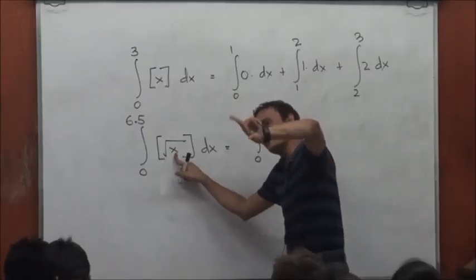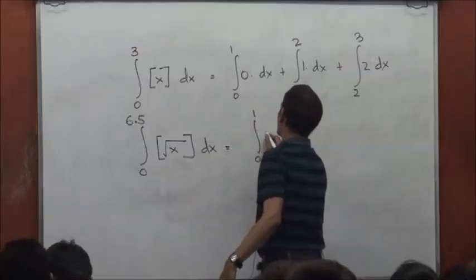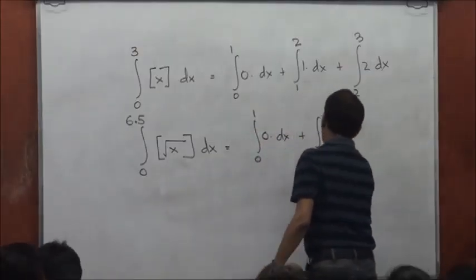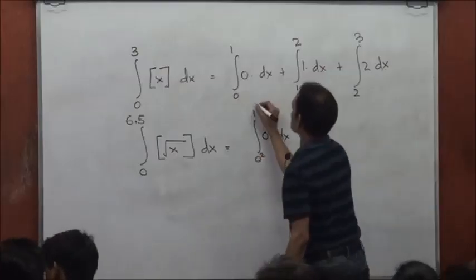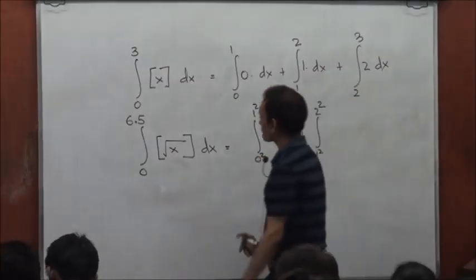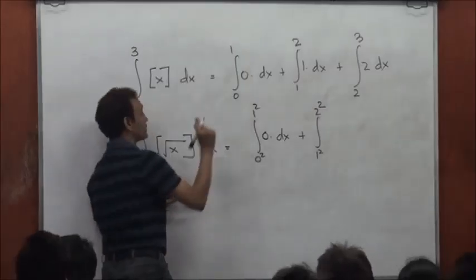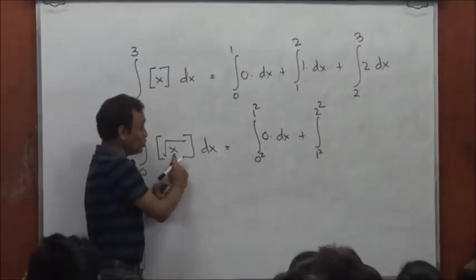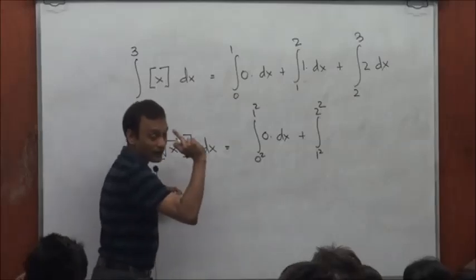And floor of root x is 0. Then, just to be technically correct, x changes from 1 squared to 2 squared. Root x changes from 1 to 2. So, floor of root x will be 1.